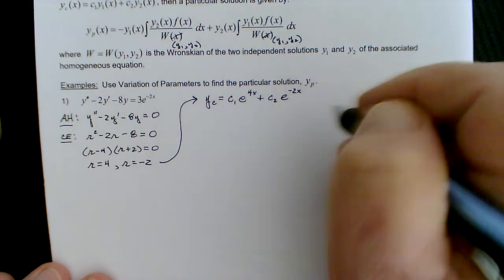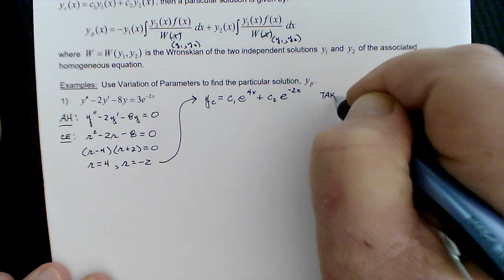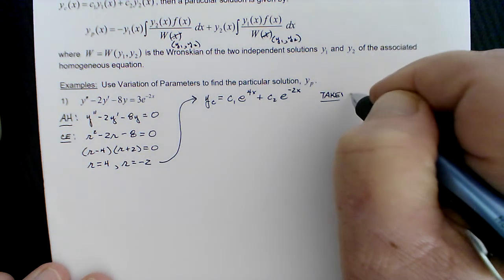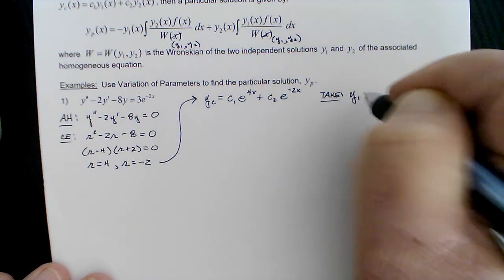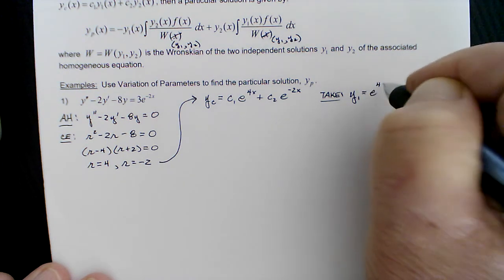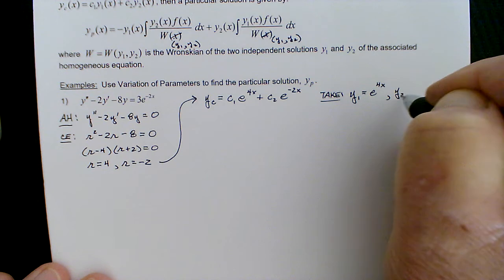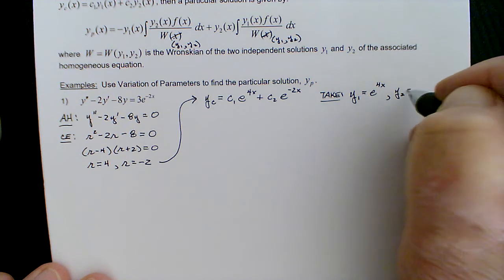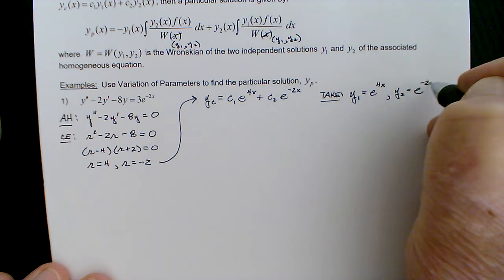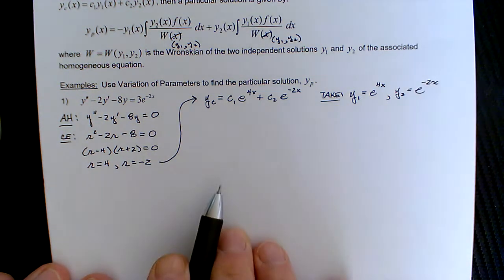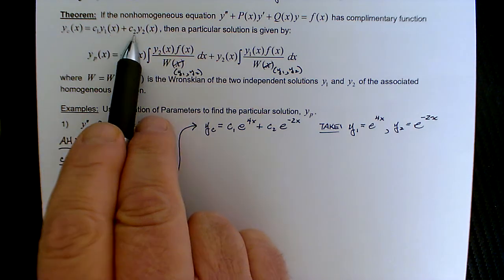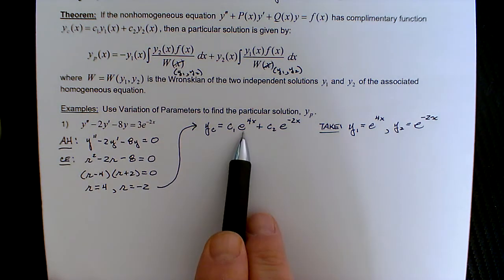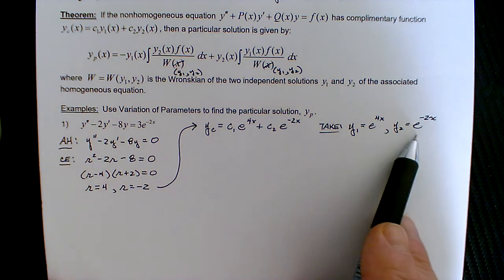So therefore what we do is we take our y sub 1 to be e to the 4x and y sub 2 to be e to the negative 2x, in accordance with our theorem. If you look back at the theorem, c1y1 plus c2y2. So we just chose our y1 and our y2 respectively in accordance with the theorem.